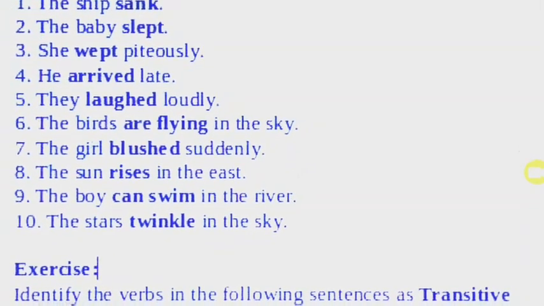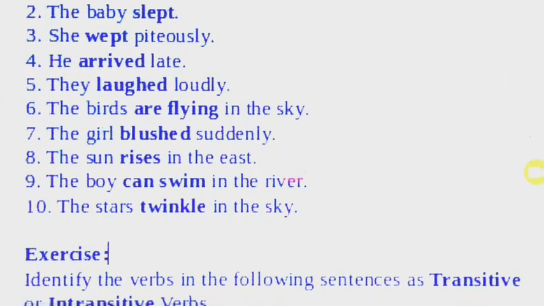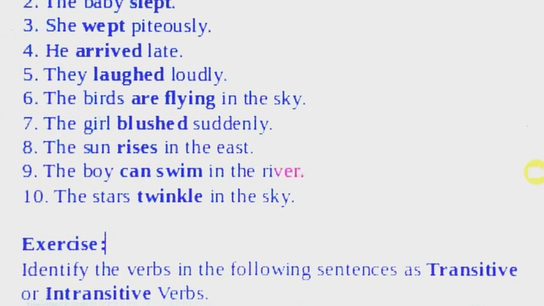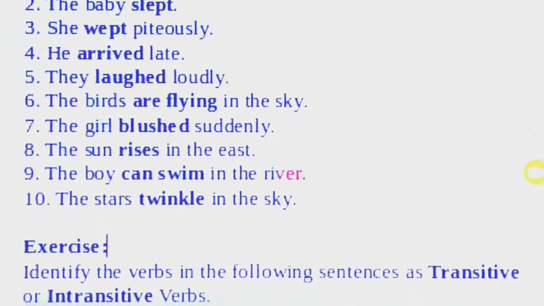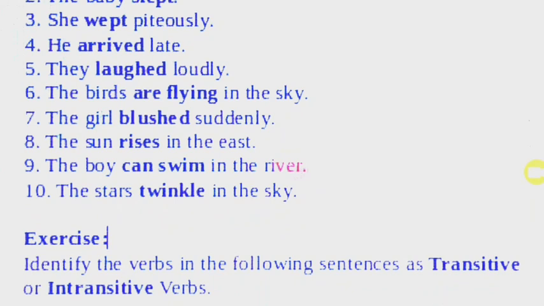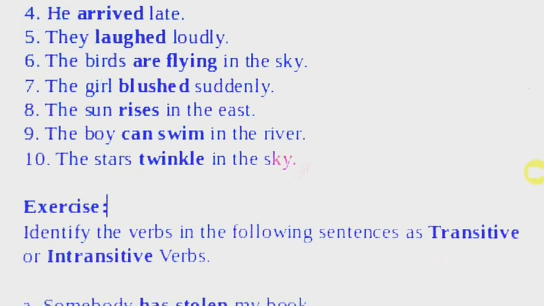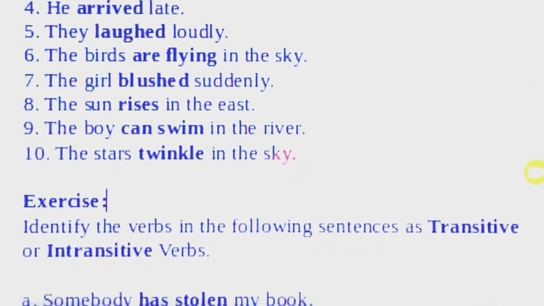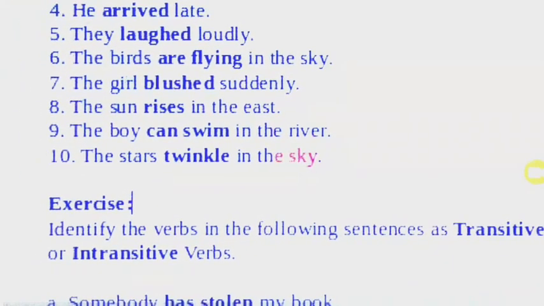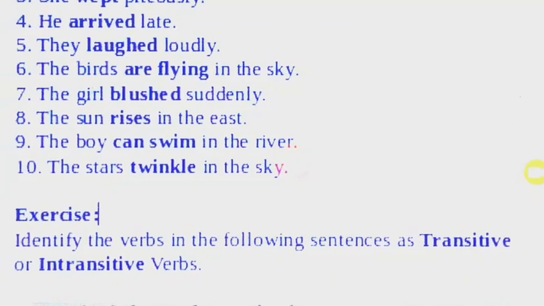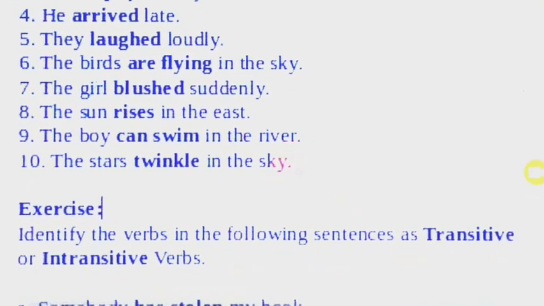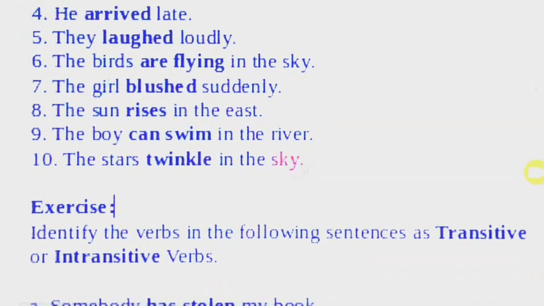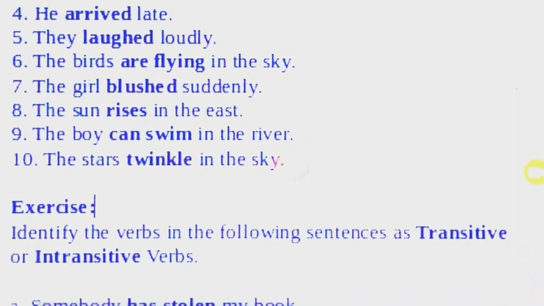Next one: he arrived late. He is the subject, arrived is the main verb, intransitive, and late is the same case, an adverb denoting time. Next one: they laughed loudly. Here also loudly is adverbial. Next: the birds are flying in the sky. Are flying is the intransitive verb.